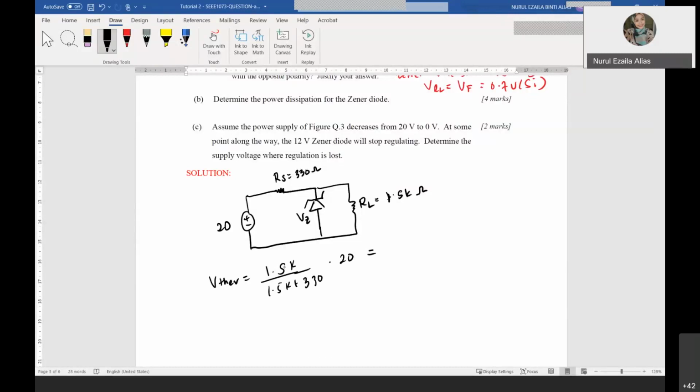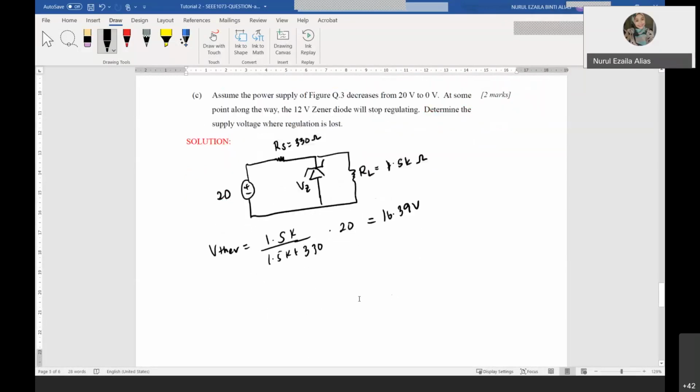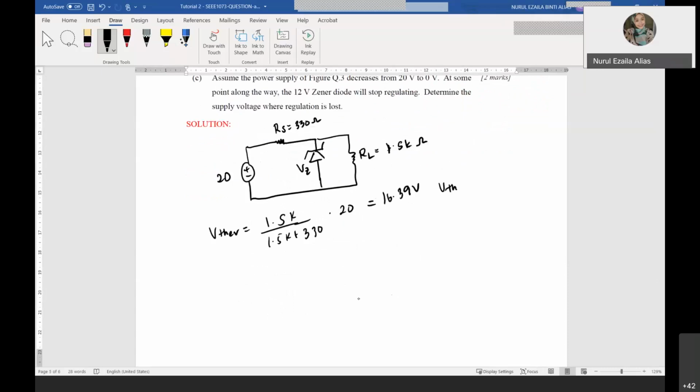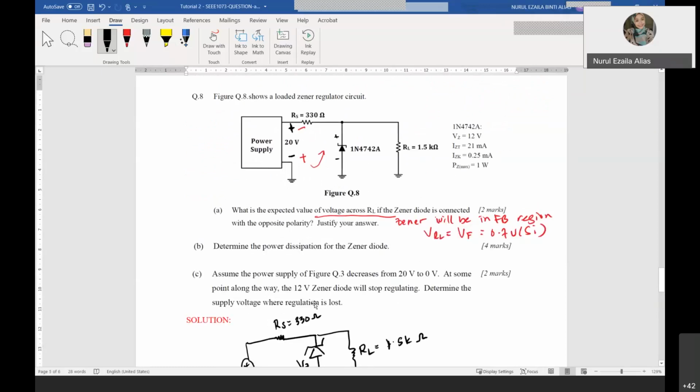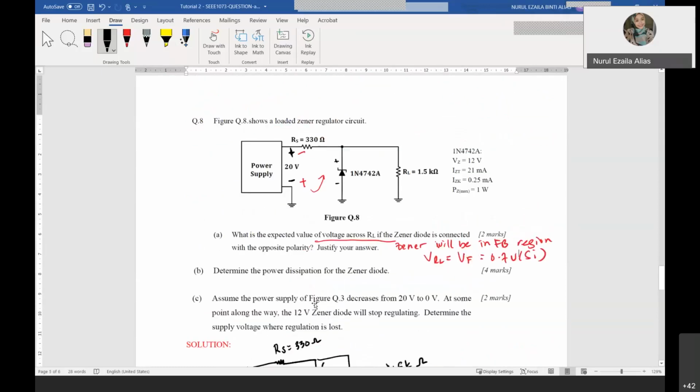I don't have a calculator now. 16.39 volt. Therefore, VThevenin is compared to the VZ given. Read the question: VZ given is 12 volt.